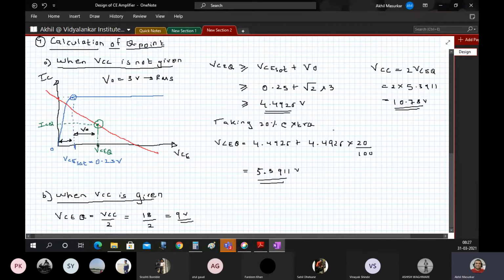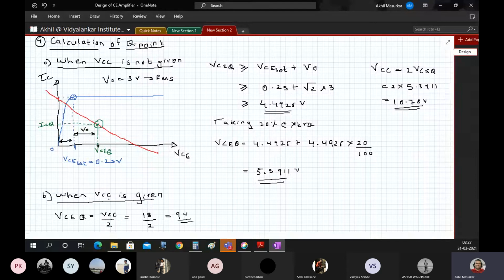So this is slightly easier, and that's how we can solve for VCC with the help of VCEQ, and if VCC is given we can calculate VCEQ.